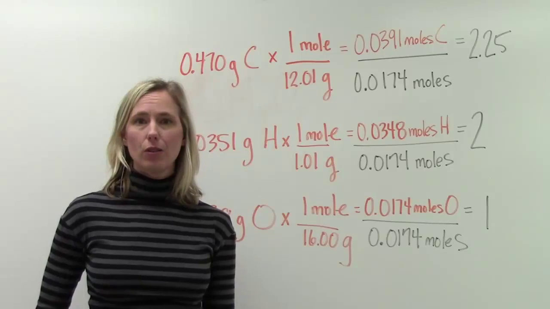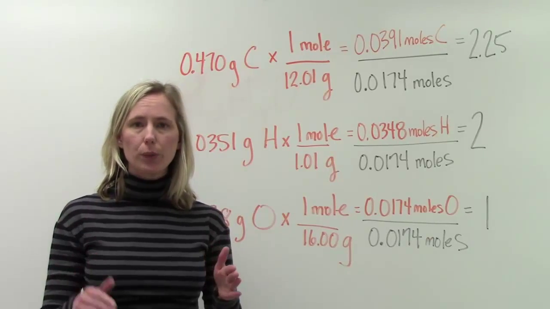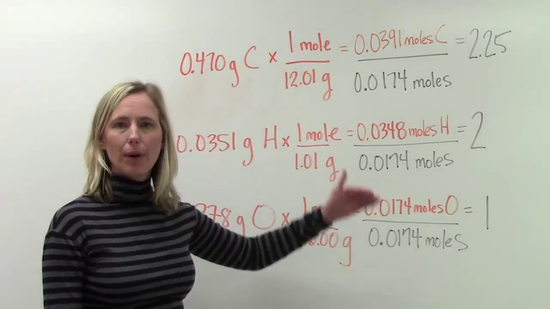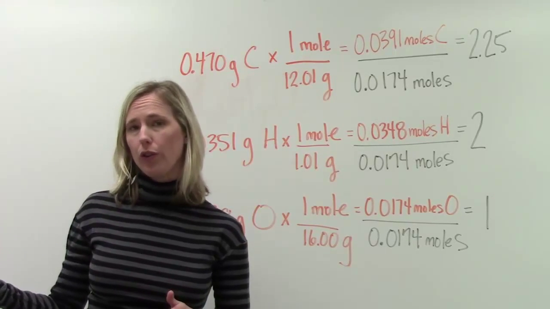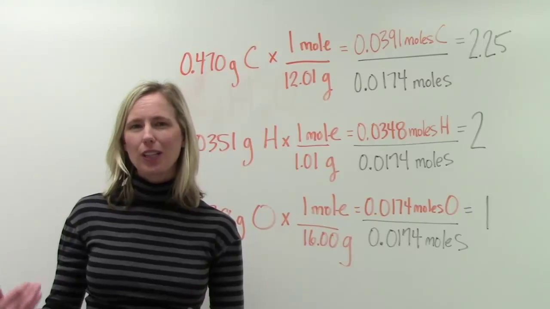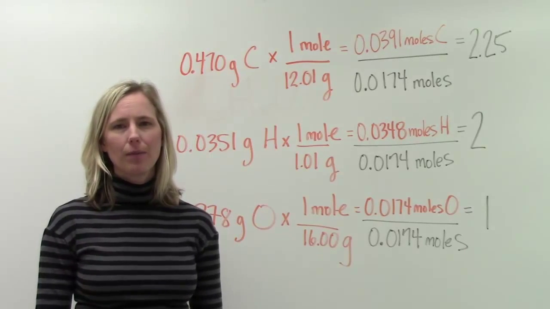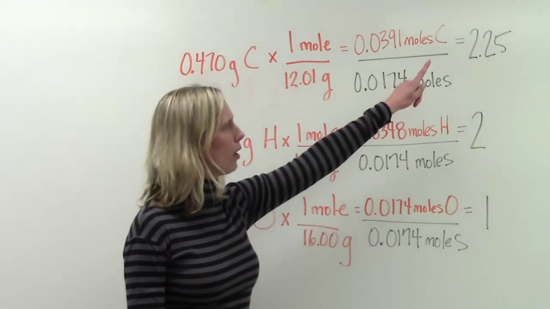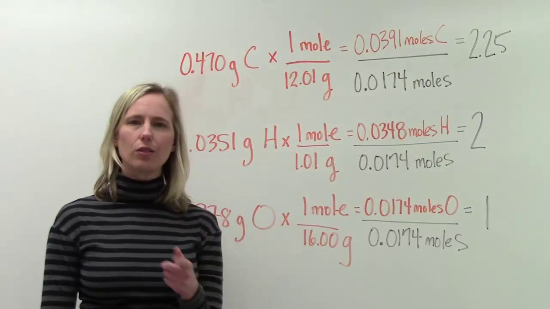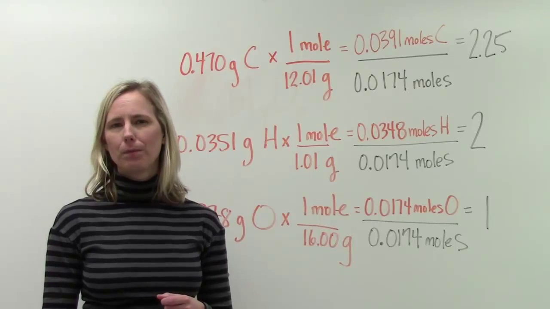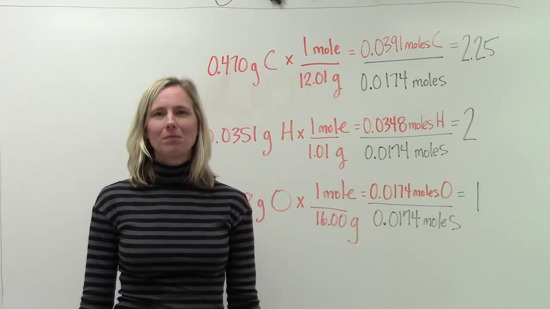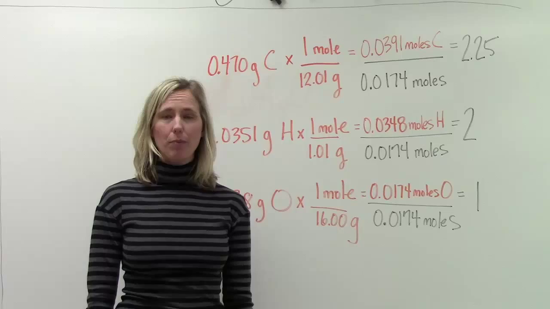Here's what we can do. If we could multiply all 3 of them by a certain number that would make them turn into whole numbers, that would give us the subscripts in the formula. So think about it. What could I multiply 2.25 by in order to get that to be a whole number? You're right. I could multiply it by the number 4.